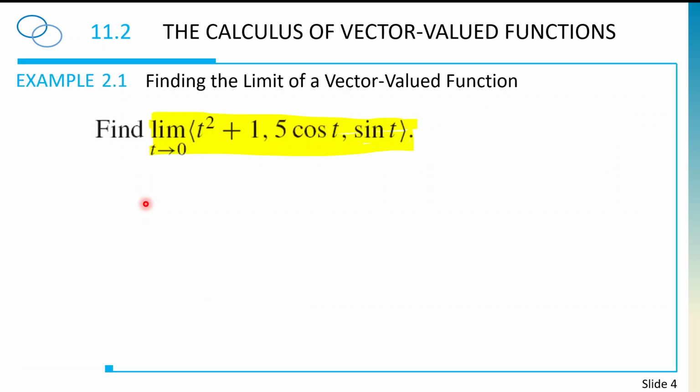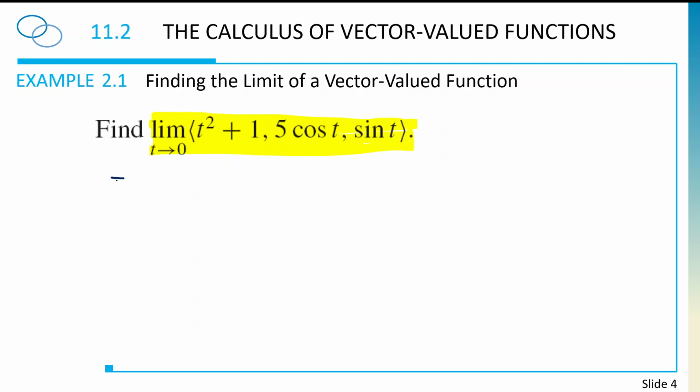So let's start with a simple question, something like this. I need to find the limit for this vector valued function. What do I need to do in this case? I'll try to find the limit one by one.